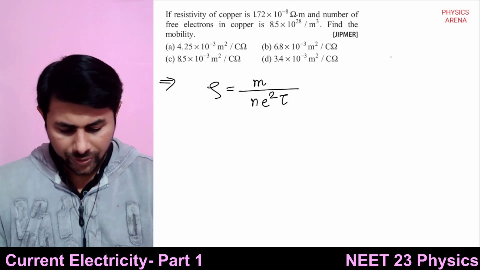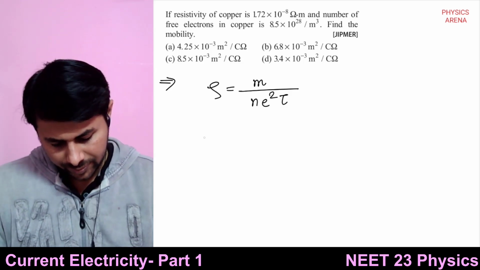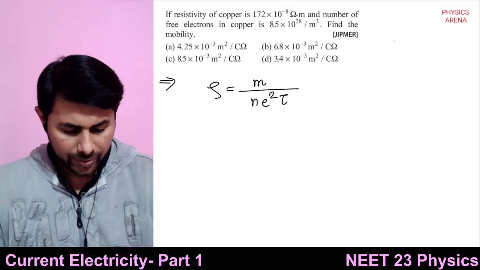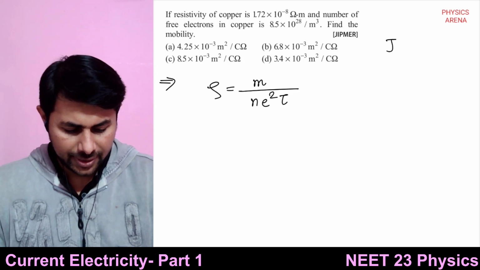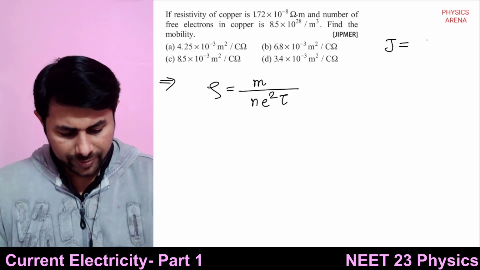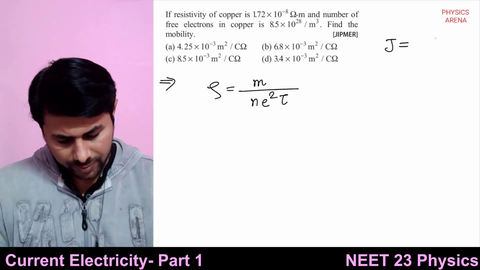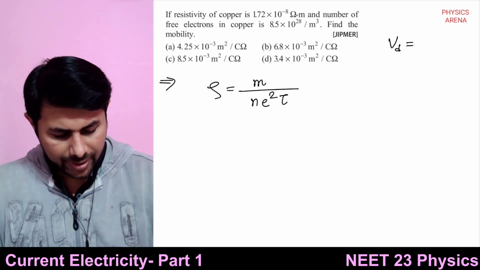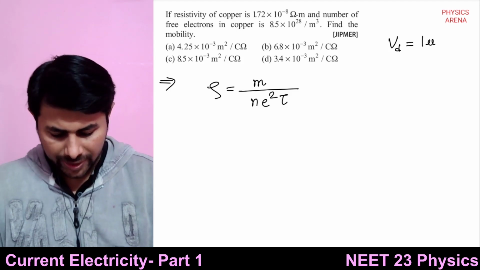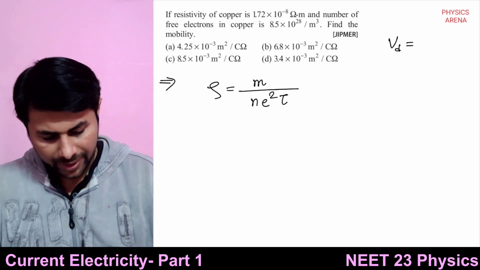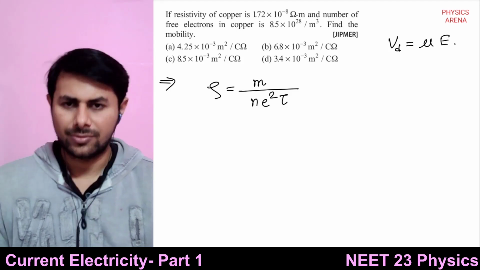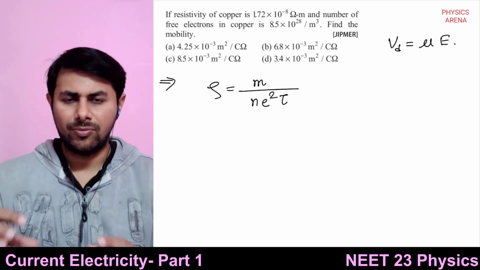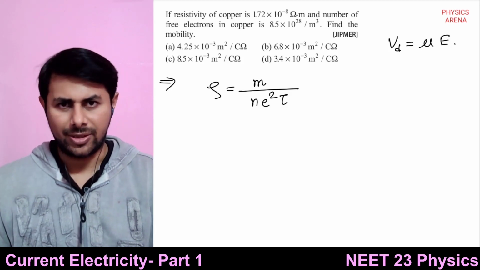Okay. And we want to find out mobility. So what is mobility? Where does it come from? We have Vd equals mobility mu multiplied by electric field, right? So drift velocity is equal to mobility multiplied by electric field.